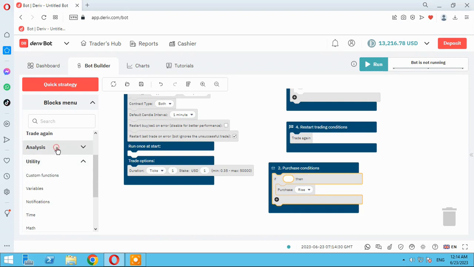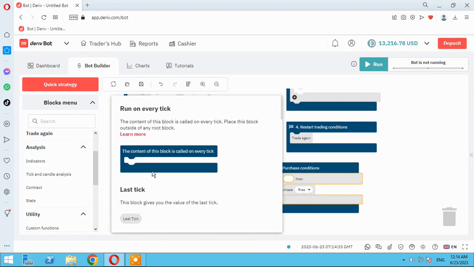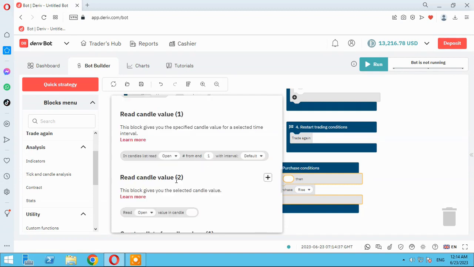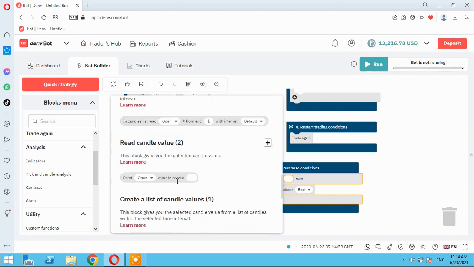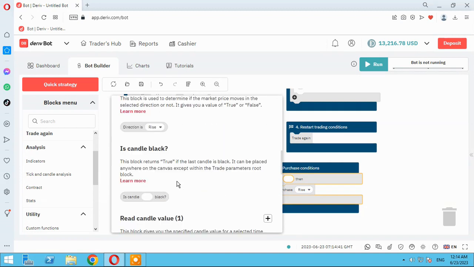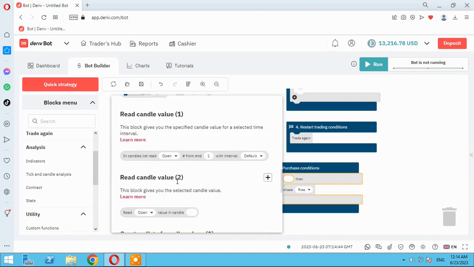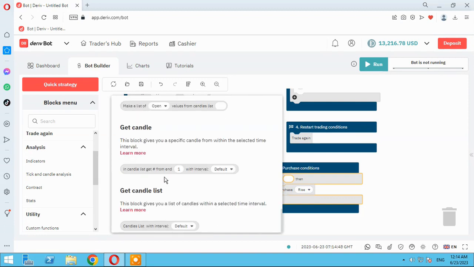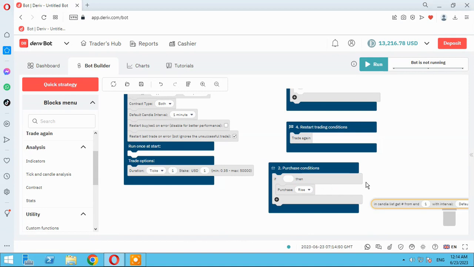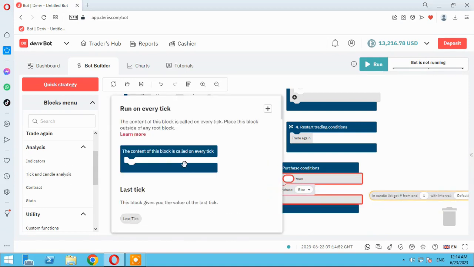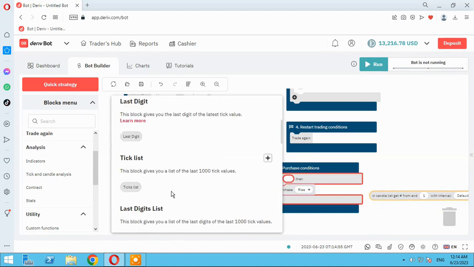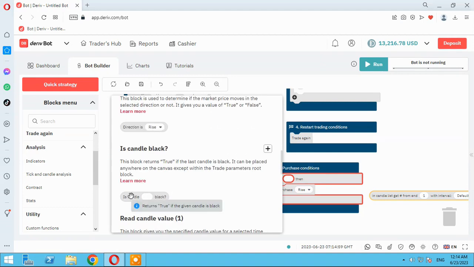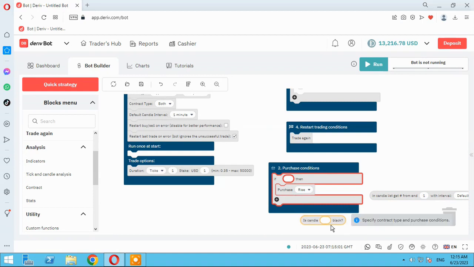In candle, read candle with, let me find it, scroll down, get from end with this, and this one, candle is black. As you know, black means red.